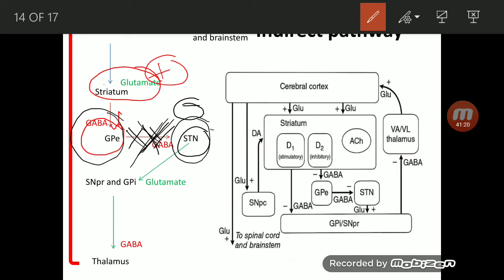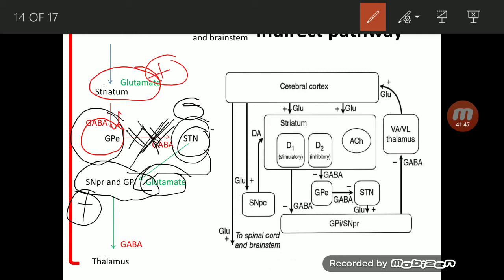Now since it is free to act, your subthalamic nucleus releases glutamate into your substantia nigra pars reticulata and globus pallidus interna, due to which there is activation of your SNPR and GPi.